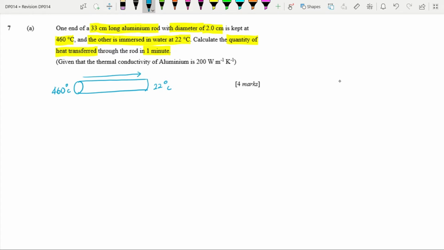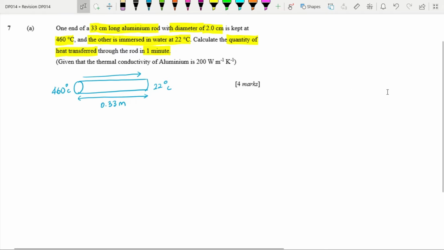Sepatutnya dia kena bagi tahu this is an insulated rod. Given the length of the rod is 33 centimeter, so we convert to meter, so dia akan jadi 0.33 meter and the diameter is 2.0 centimeter.